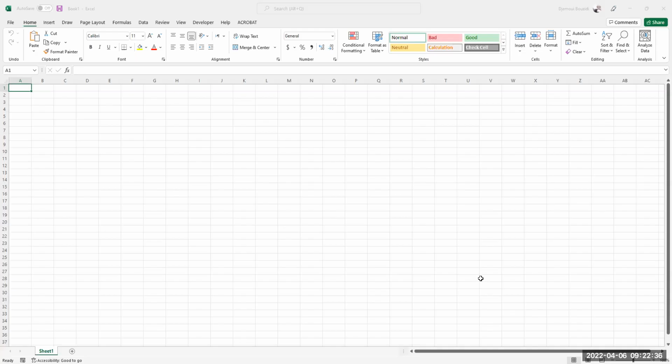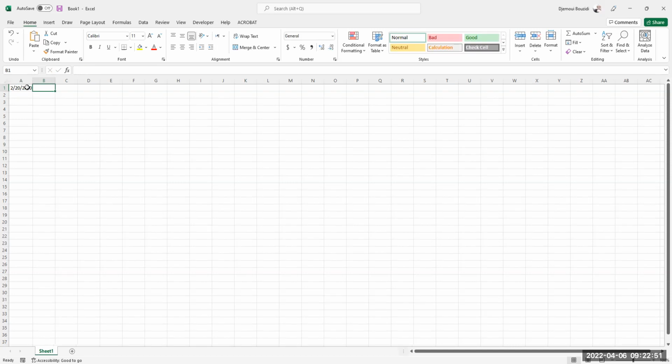Okay, so again, the date that we're talking about is February 20th, 2020. If I come to that date and add to it 114 days. So it's this date, and that's how you write formulas, by the way, in Excel.